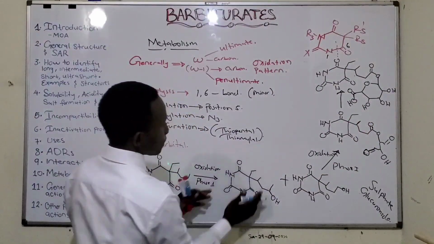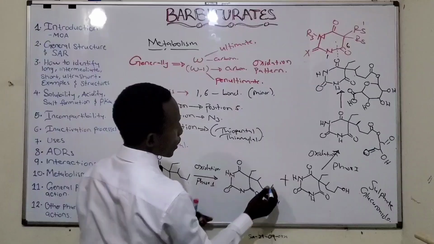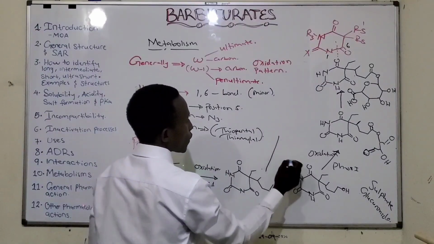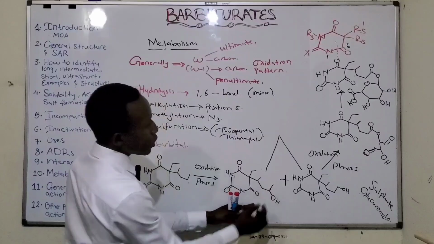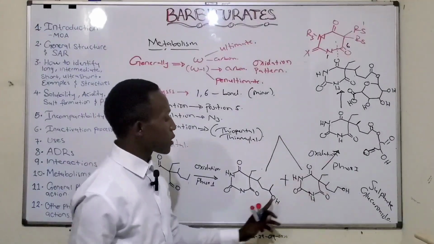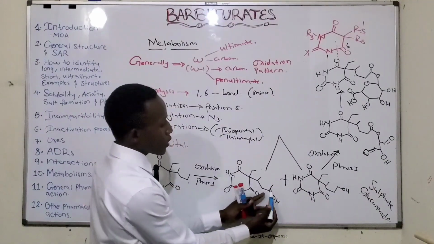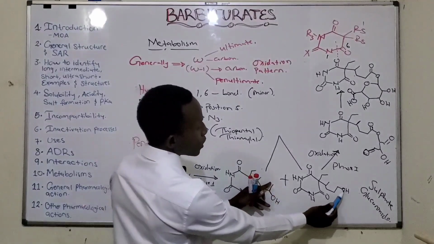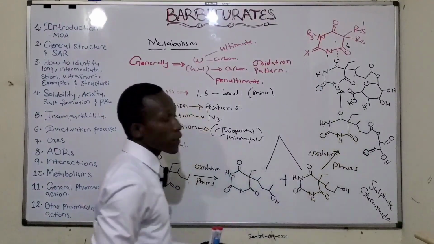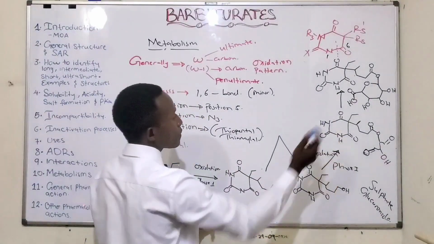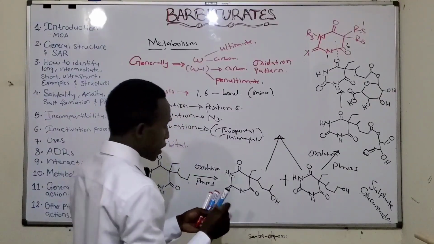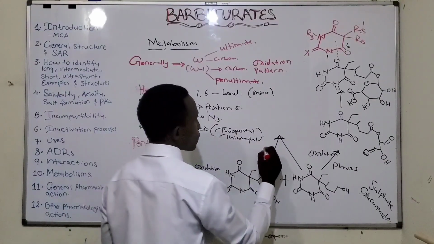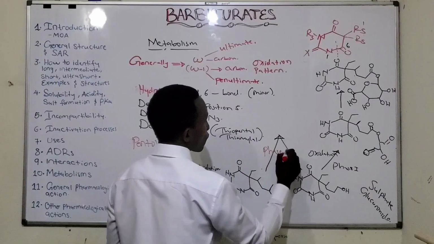Again, these two can just undergo phase 2. Remember, this one cannot go into phase 1 again unless the OH is at this position. That's why this one continues with phase 1 to form the carboxylic acid. Now, both of them can go directly into phase 2.